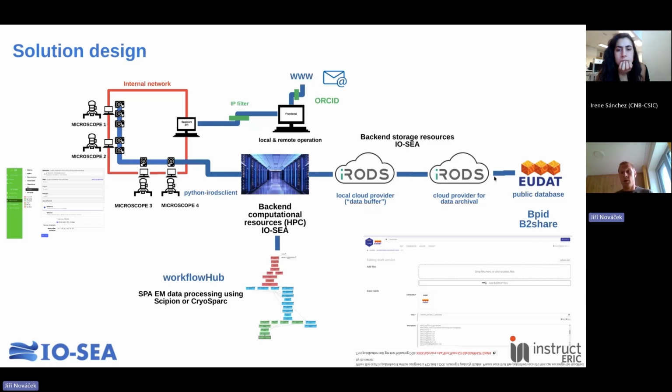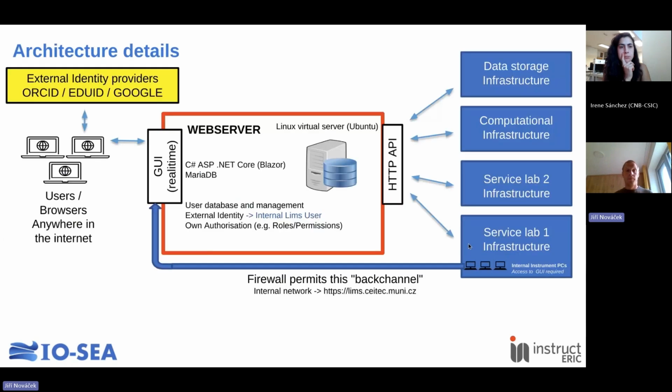Eventually, we use the EUDAT services such as B2PIT and B2SHARE to assign a persistent identifier to each data set. So each data set is assigned a PID or DOI, and then it can be made publicly available, or particularly the metadata that we collect are made publicly available through B2SHARE.